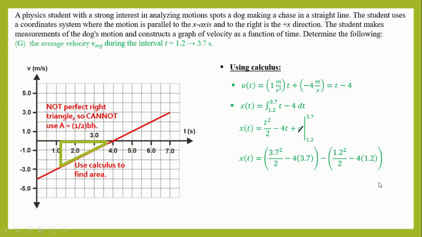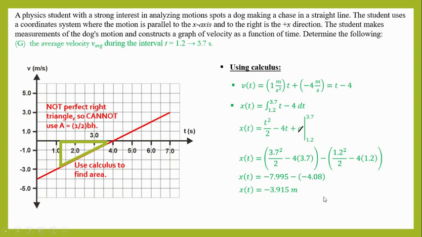So if you crank all your calculator work correctly, hopefully I didn't mess up here, you should get this negative 7.99 minus a negative 4.08. And if you simplify that on your calculator, a negative and a negative makes a positive. So really it's negative 7.995 plus 4.08, which gives you a value of negative 3.915 meters.